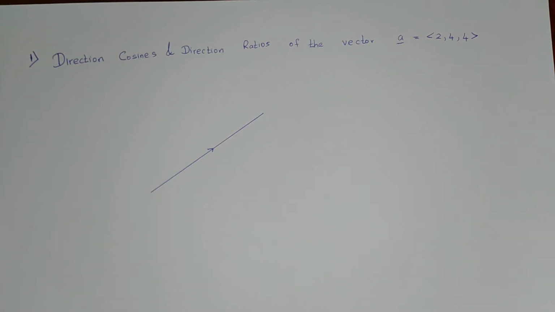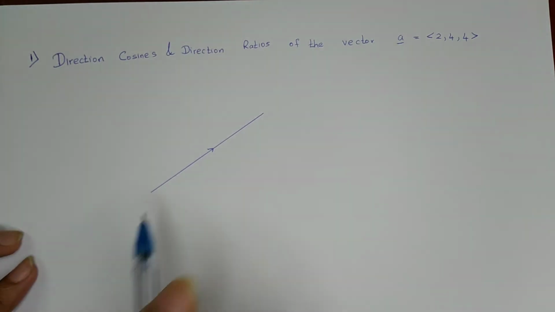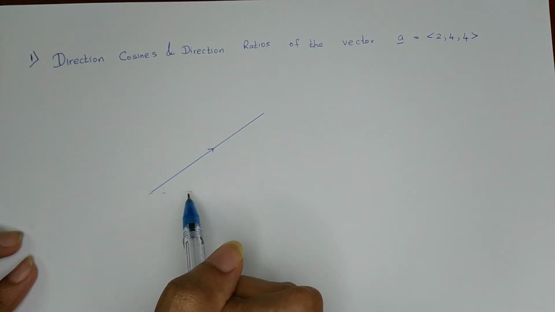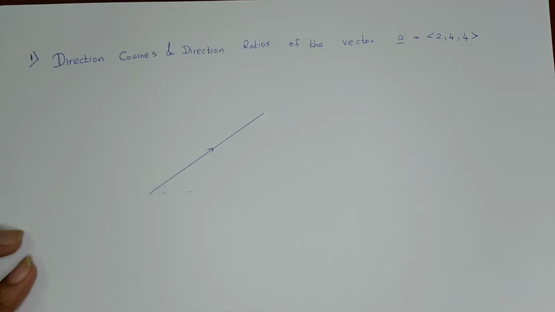For each angle, we need to find the cosine value, cos of each angle. The angles which I'm making between the x-axis, y-axis, z-axis and this direction vector, the cosines of these are known as direction cosines.